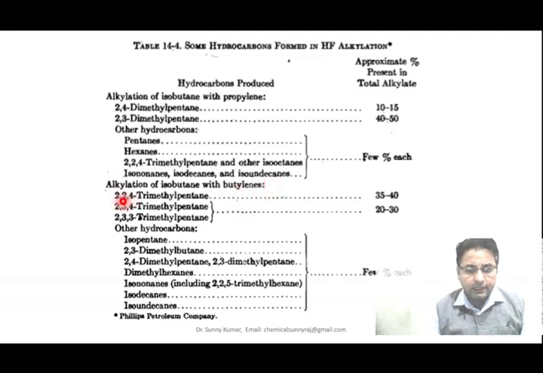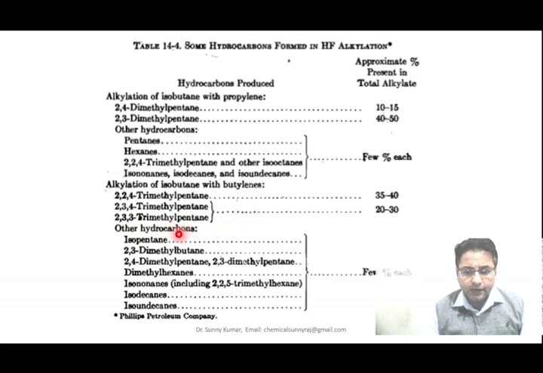For alkylation of isobutane with butylene, 2,2,4 trimethyl pentane is 35 to 40%, 2,3,4 trimethyl pentane is 20 to 30%, and there is also 2,3,3 trimethyl pentane.